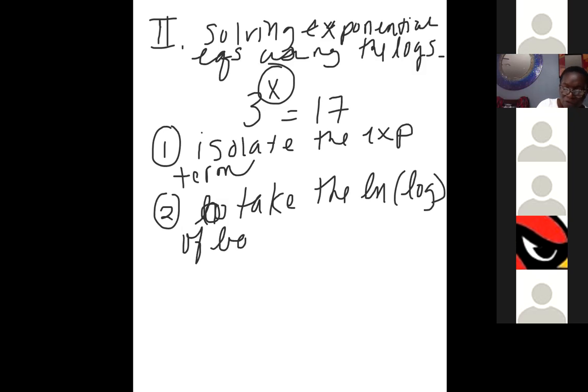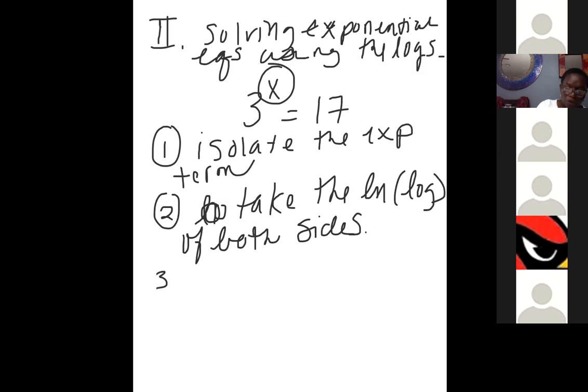Now, here's why I say natural log first, because in this textbook, they want you to use the natural log to solve these problems, not log. So you want to take the natural log of both sides. By the way, it doesn't matter if you use the natural log or log, you will get the exact same answer. The only time it really matters is if you have an e base, you must use natural log, okay? If you have a base 10, you must use log, all right?